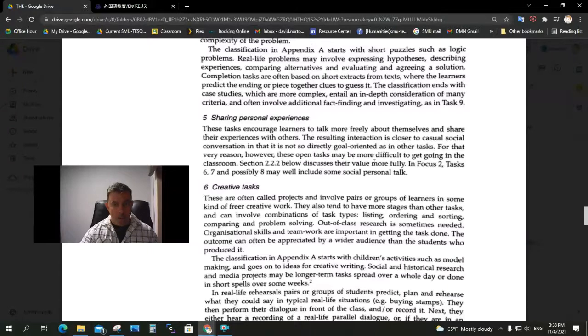But these open tasks can be more difficult to get going. What I would do with a personal experience thing is definitely you want to have some kind of outcome, right? So you want to have some kind of communicative goal. So not only are you going to turn and talk to your partner, but what's your reason, right?